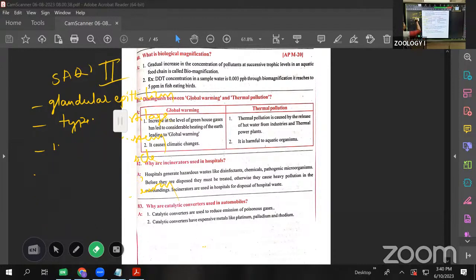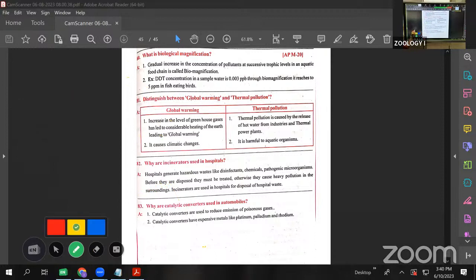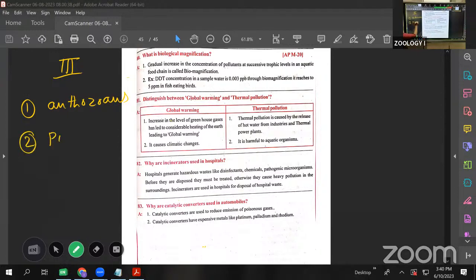Next, in the third lesson, Animal Diversity 1, you learn about the anthozoans, general characters. Anthozoans, general characters, you learn it. And second, polychaeta, general characters. And third, leave arachnida, next polychaeta, and the crustaceans.